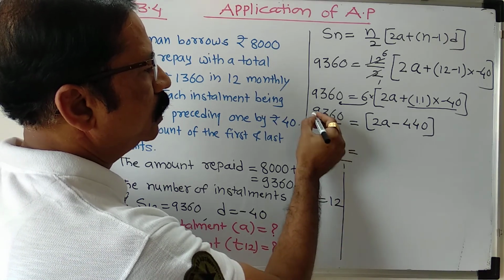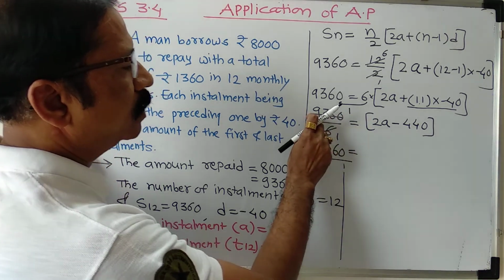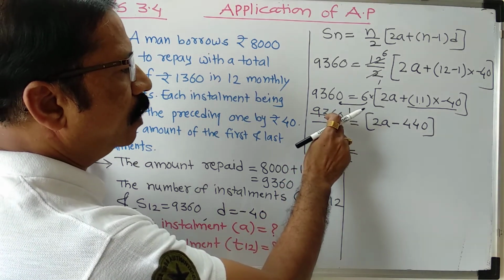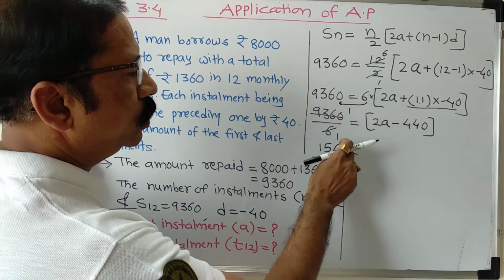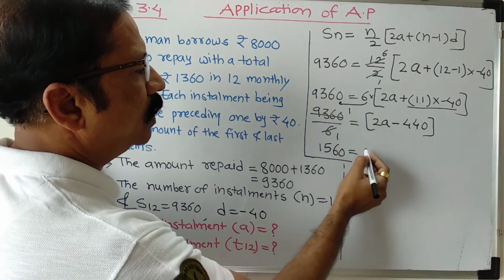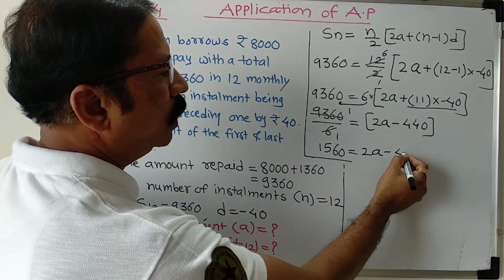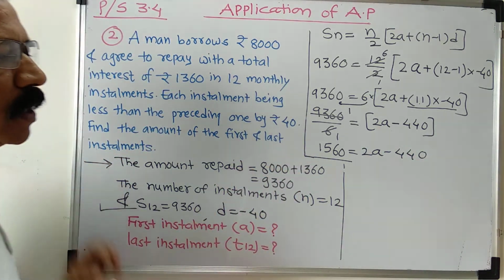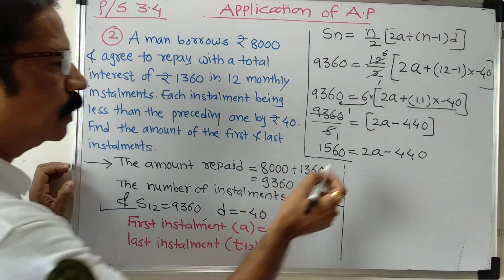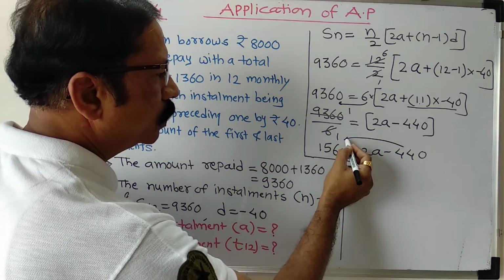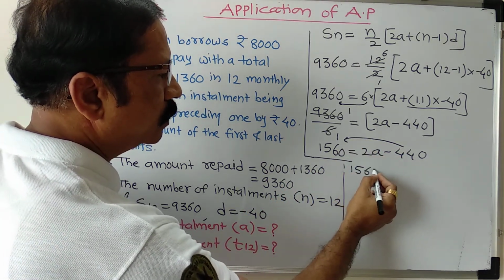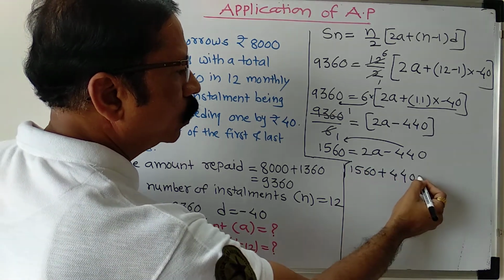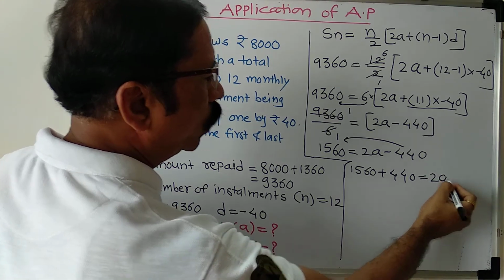See, 6 ones are 6, 6 ones are 6. 9 minus 6 is 3, 33. 6 fives are 30. 3 is the remainder, 6 sixes are 36. 0 as it is. So 1560 is equal to 2a minus 440. Take the constant to one side and the variable to the other side. So if you shift, you will get 1560 plus 440 is equal to twice a.